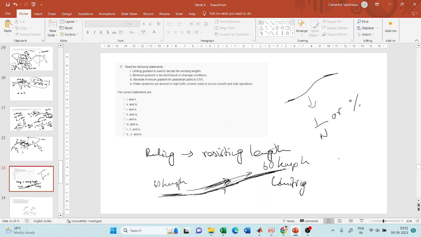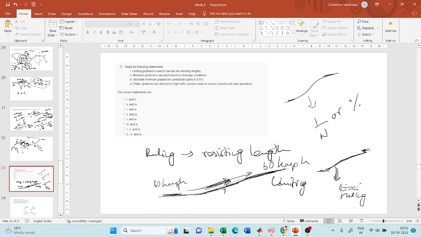Okay. So if your topography, so in hilly areas, you cannot avoid it, but from one point to other, okay? If you have this is one level and this is at the other level, but this slope is greater than ruling gradient. Why?